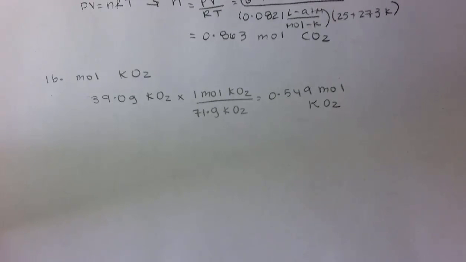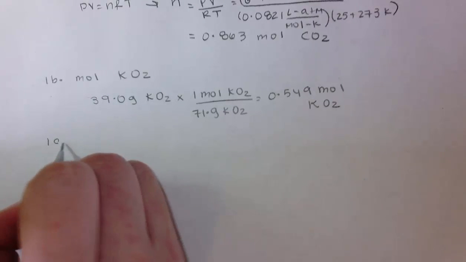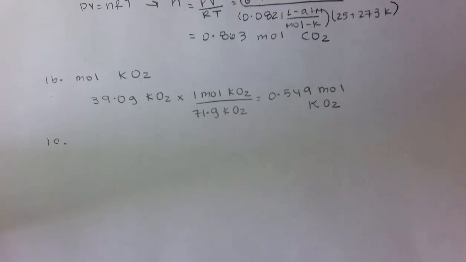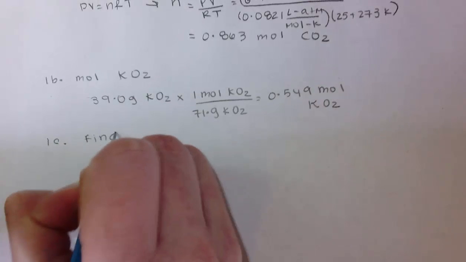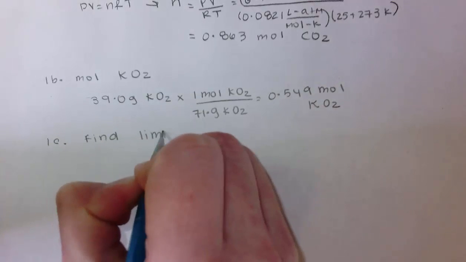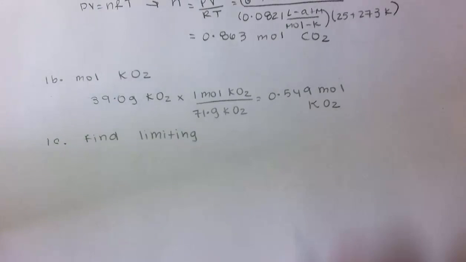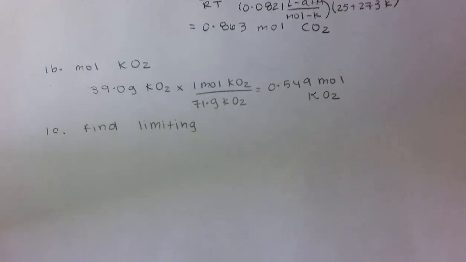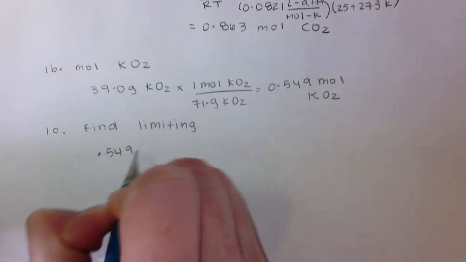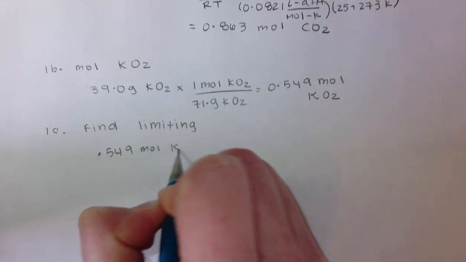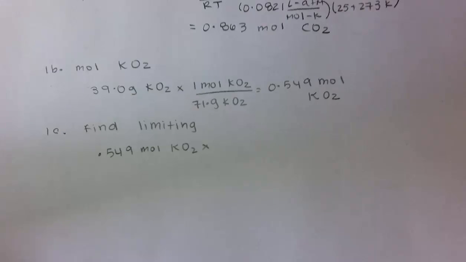And so now we can find the limiting reactant, and if you have a different way of doing that, definitely keep doing what you're doing, but this is usually how I do the limiting reactant problems. What I do is just pick an arbitrary reactant. So I'll pick KO2 in this case, and I'm going to convert this to our other reactant, which is carbon dioxide.